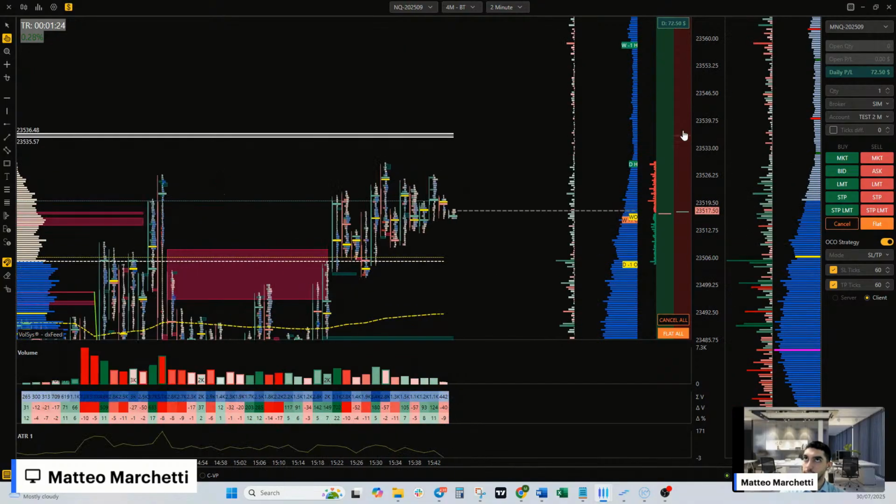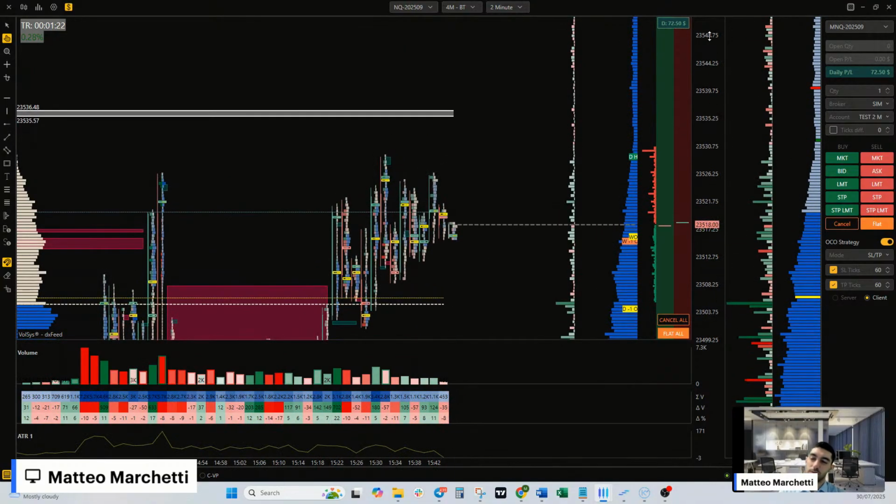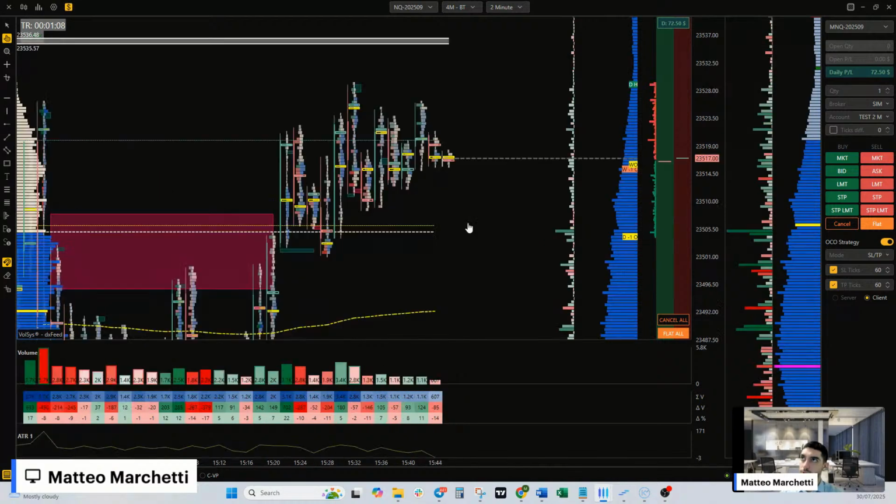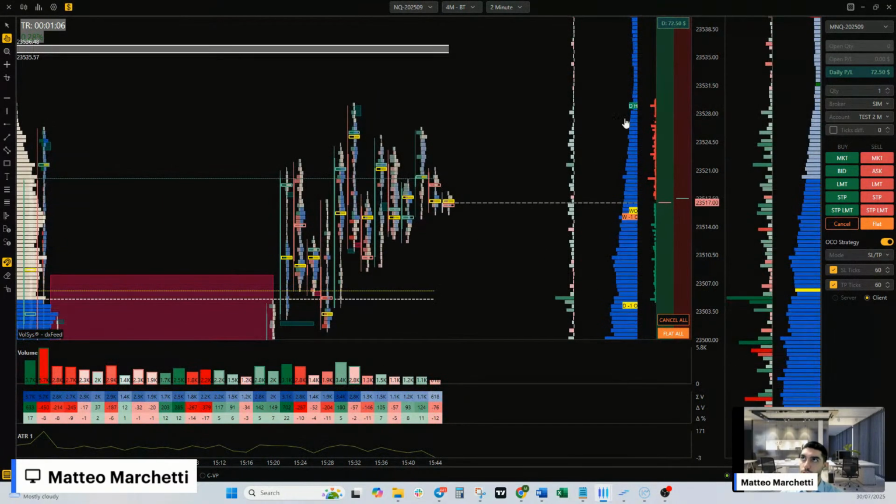And the strategy is, well, I wouldn't say it's a strategy. I prefer to call it a kind of methodology of work, because it's very discretionary and it's not a strategy with fixed rules and so on.